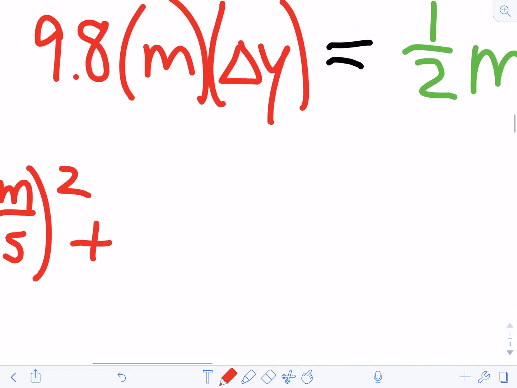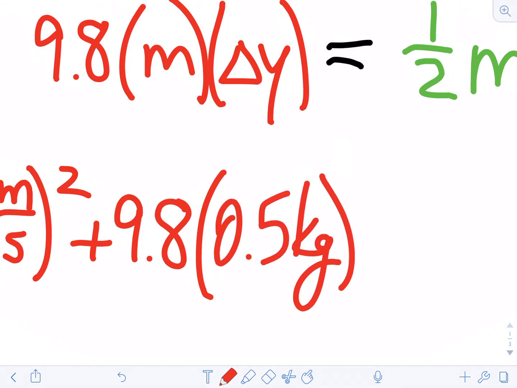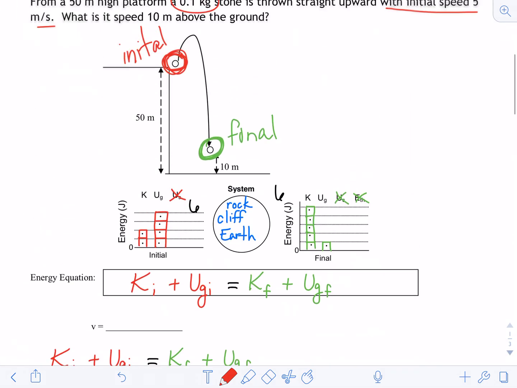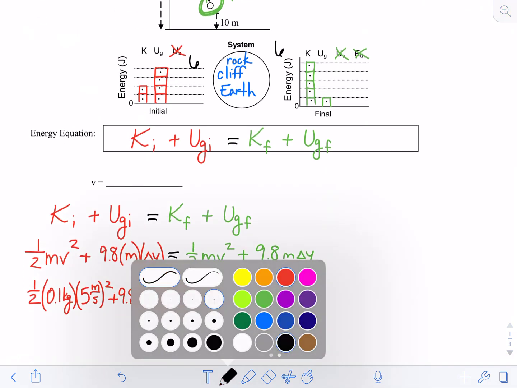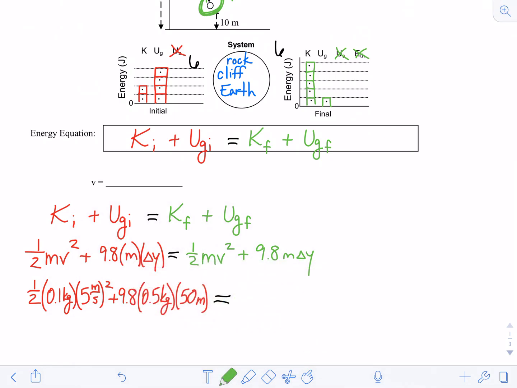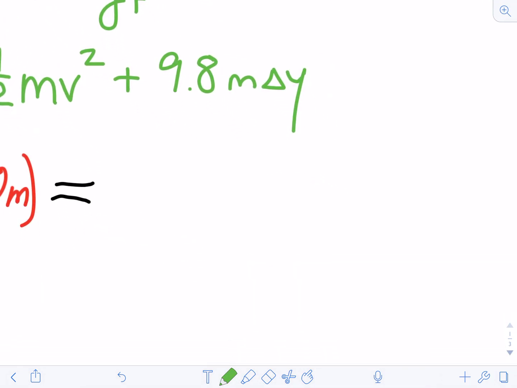Then this is going to be 9.8 times that 0.5 kilograms of mass, and this is 50 meters up in the air, because at the start we were way, way up there, 50 meters. We're going to set that equal to all the final stuff. Ooh, looks like I made a mistake. That mass was not 0.5, it was 0.1. Ooh, close one.